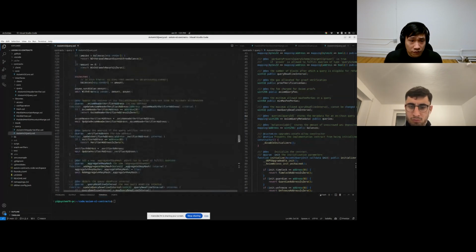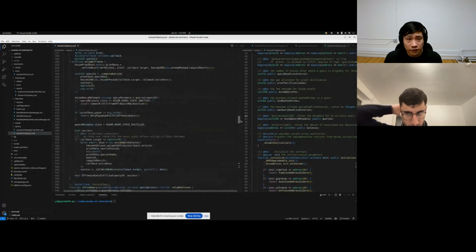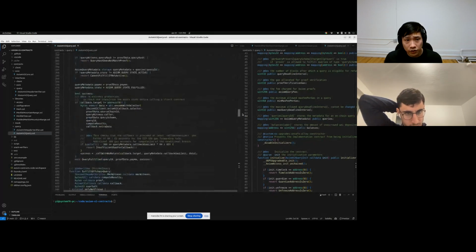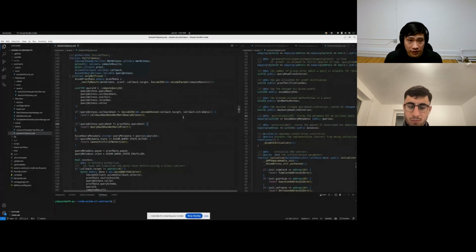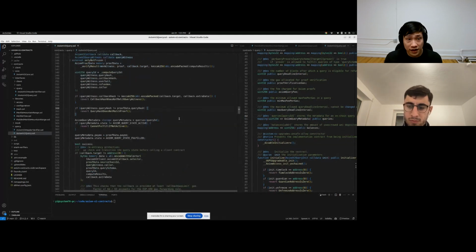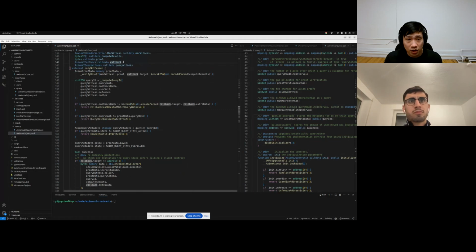Once we've verified all these things, we know that the query result is actually correct. What we're going to do now is process the transaction state. For that, we need to figure out the query ID and make sure that the callback we're providing and all the other query metadata actually correspond to what we had on chain.